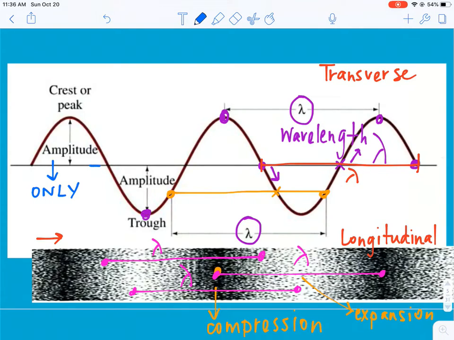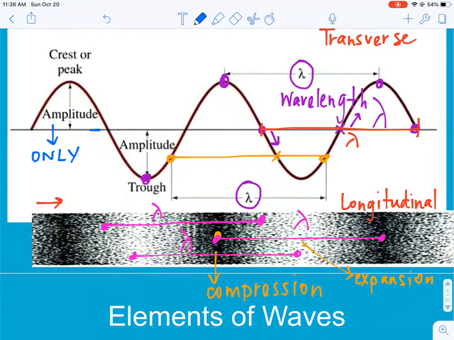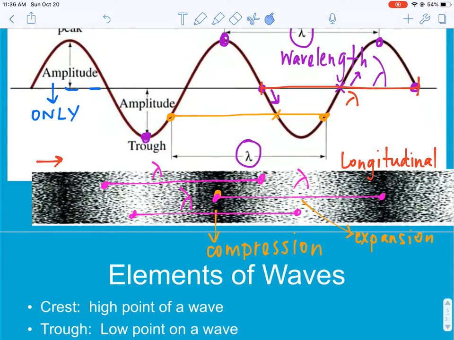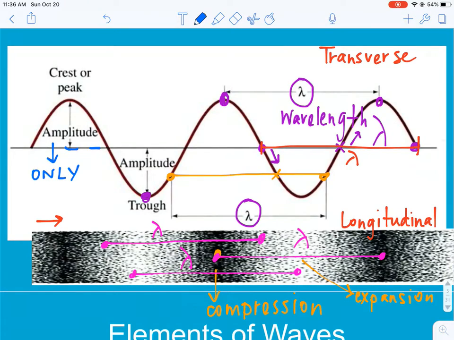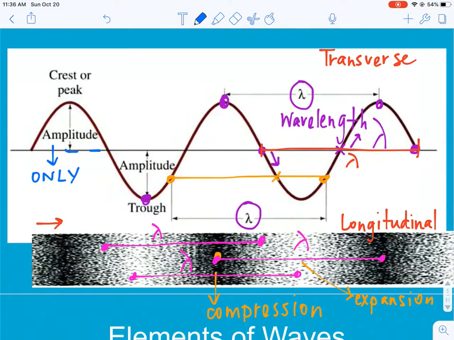And so it's the height from the equilibrium or midpoint to a crest, and vice versa, equilibrium or midpoint to a trough. Okay, notice it's not that. That is not what the amplitude is. That would be twice the amplitude. The amplitude always starts at that equilibrium line.